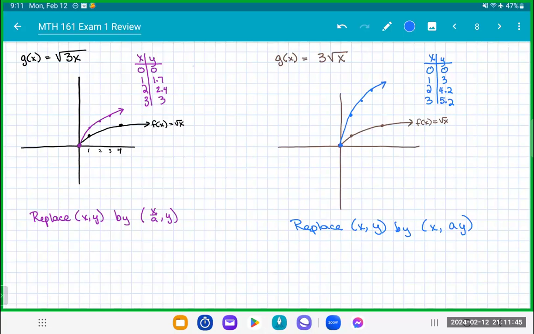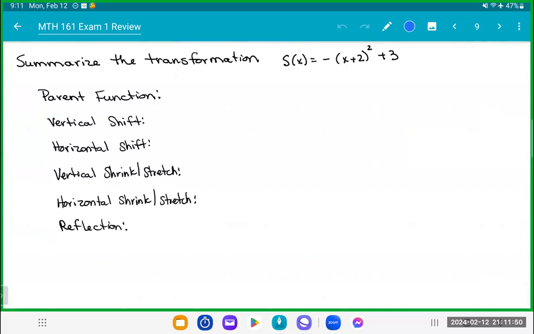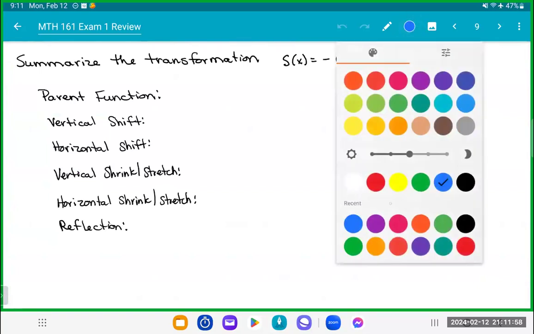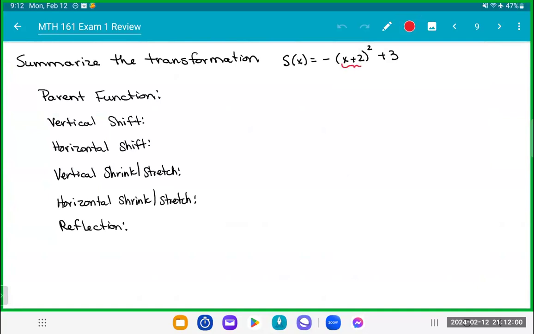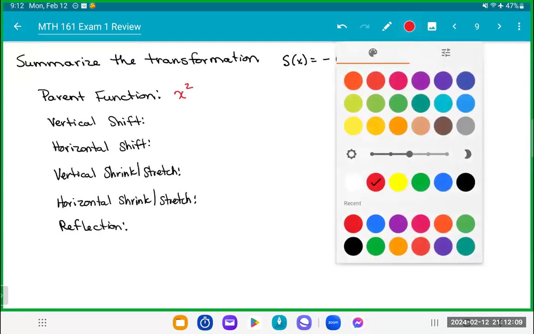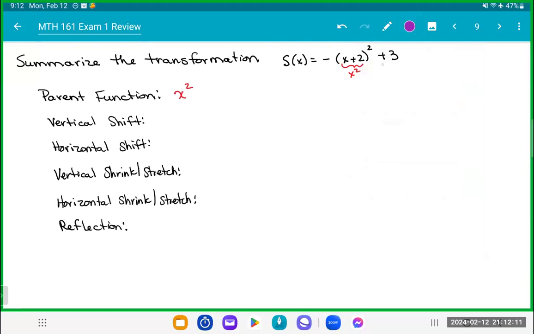All right, so next we want to summarize these transformations. First, let's look at this and determine what is our parent function, right? So our parent function is given here. This should be an x squared. So our parent function is x squared. When we look at our vertical shift, right, that's this right here.